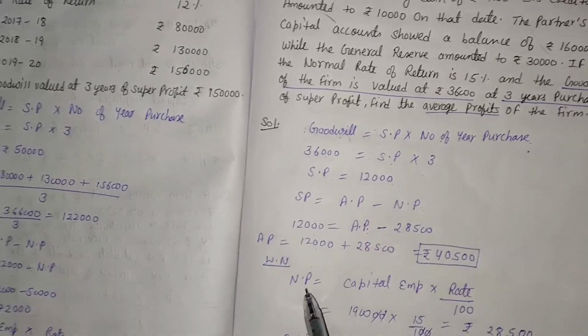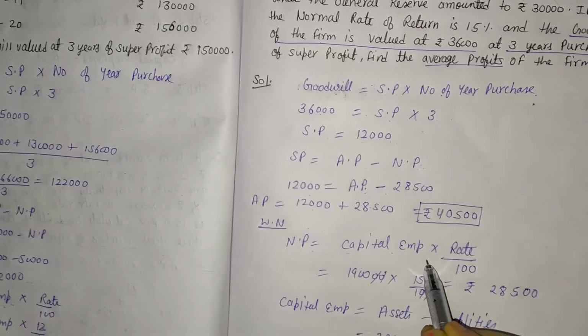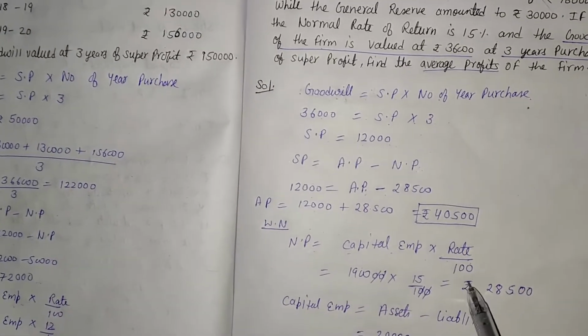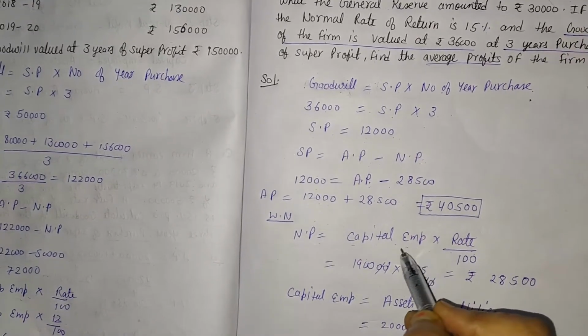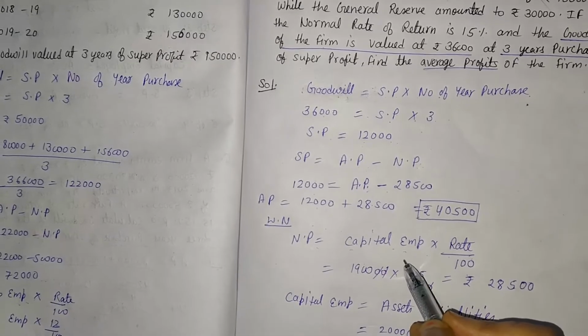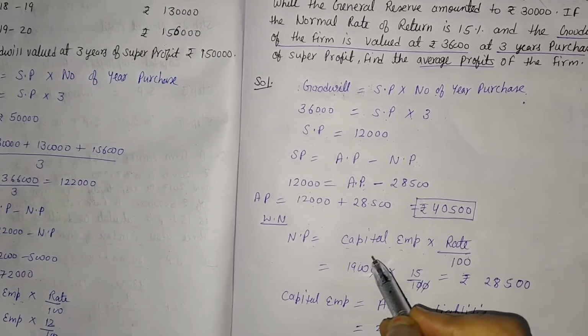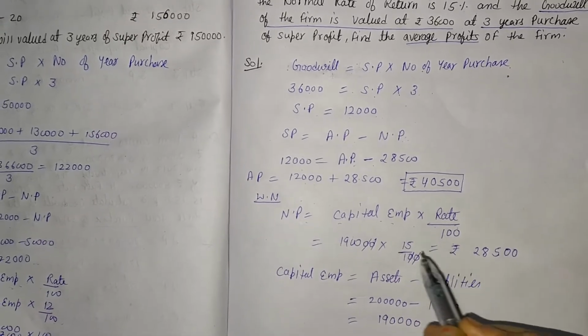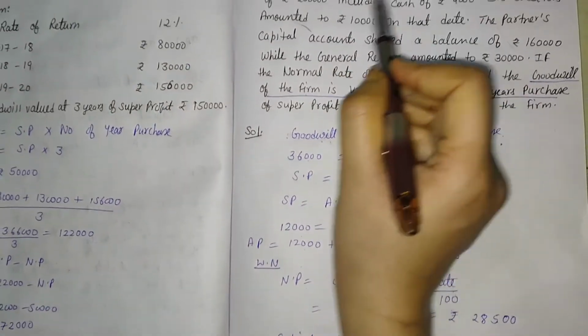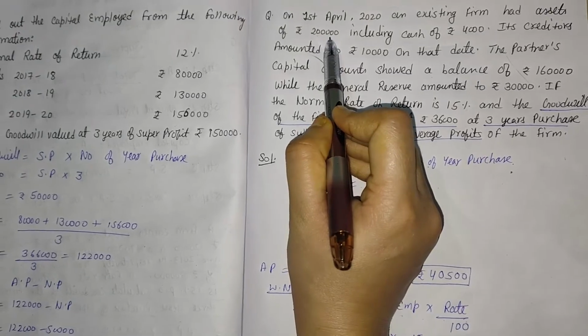Here the formula of normal profit is capital employed multiplied by rate divided by 100. Capital employed is not given in the question, so we can calculate capital employed from the formula assets minus liability. Here the value of assets is 2 lakh rupees including cash.